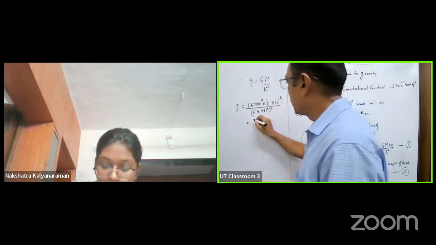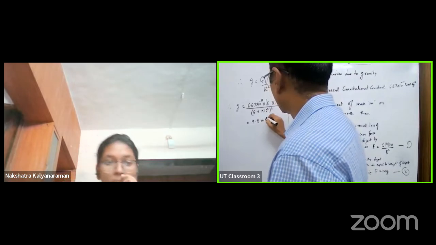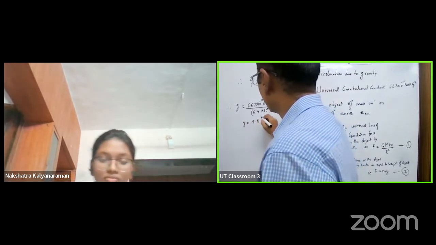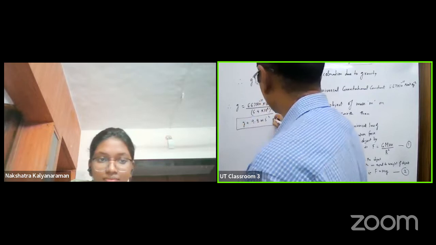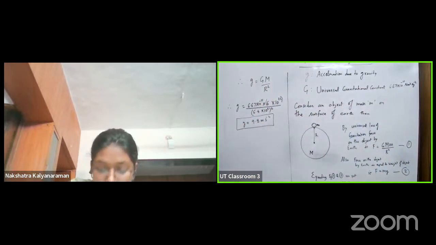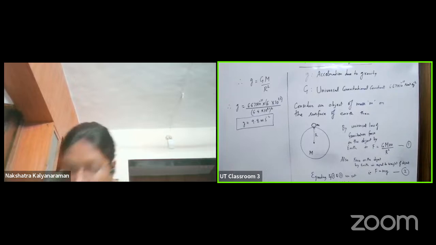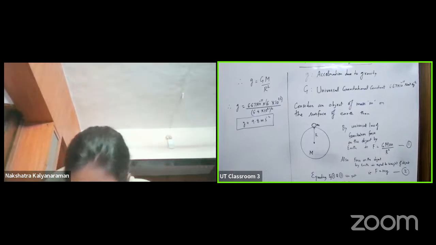Now when you calculate this, you'll get 9.8 meter per second square. So this value of g comes from here, 9.8 meter per second square, which you have been using so far. Take the value of g as 9.8 meter per second square. It comes like this.